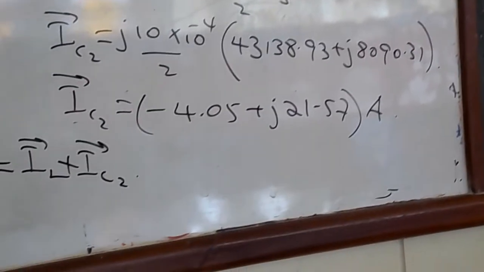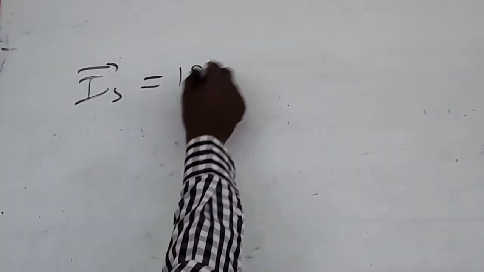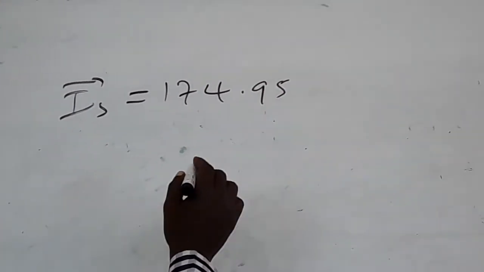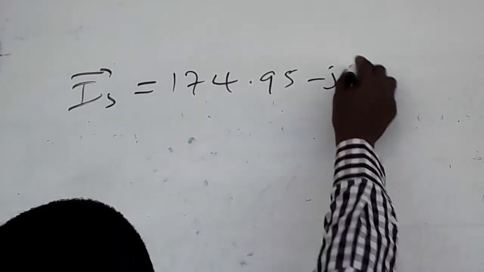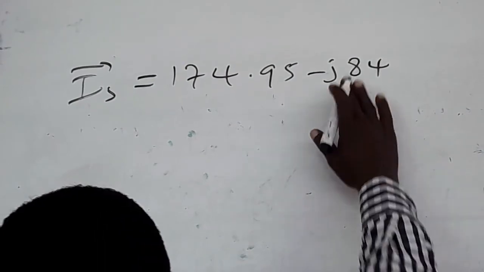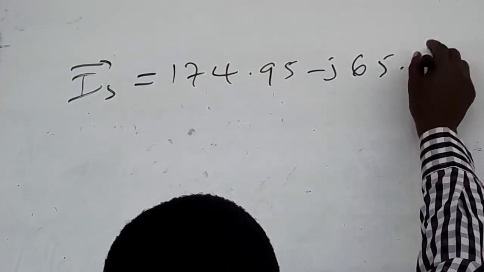So proceeding on the other page, we can have the sending end current as the line current, which we had calculated, and we got 174.95 minus j65.68.